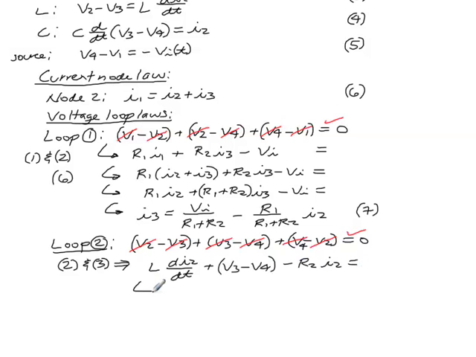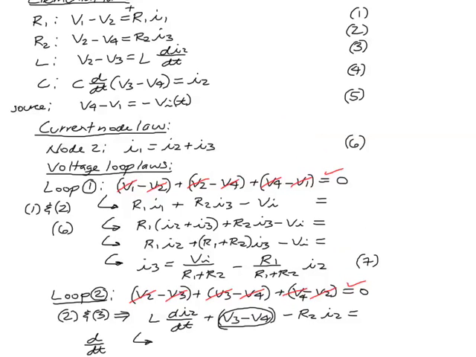We take a time derivative of this. And the reason we're taking a time derivative, and the reason I didn't put anything in here for V3 minus V4, is we see V3 minus V4, we need a time derivative of that.